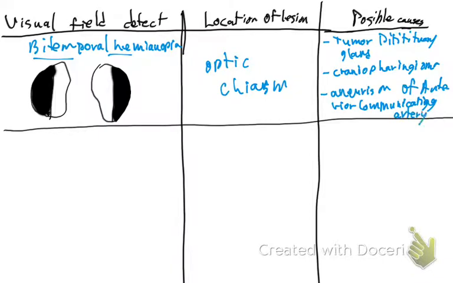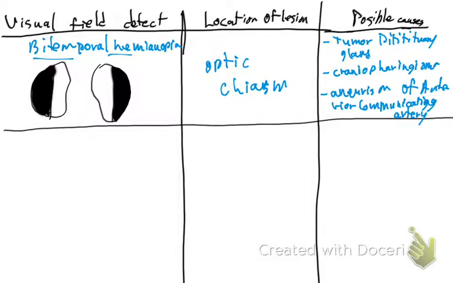Got it? There you go. So this is bitemporal hemianopia, a lesion in the optic chiasm. But there is another one that we're going to be talking about right now, and this one is called right nasal hemianopia.